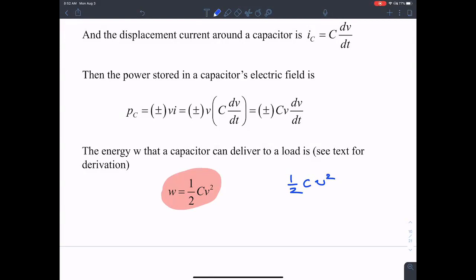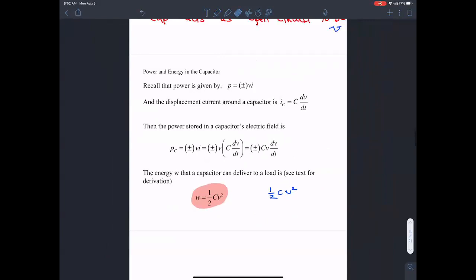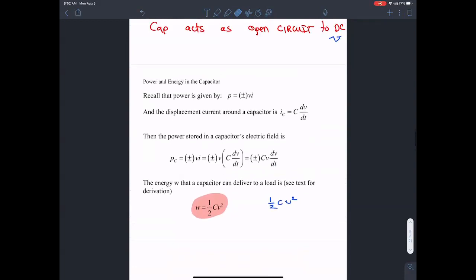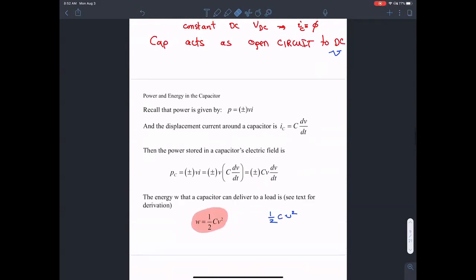If you remember the inductance, the energy stored was half Li squared. But the energy stored in a capacitance is 1/2 CV squared. Simple concepts, very interesting ideas.